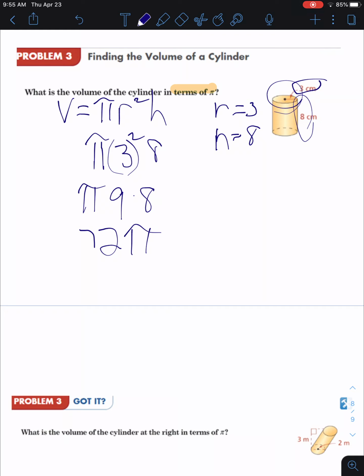And that's going to be in centimeters cubed, because the base, pi r squared, is centimeters squared, and the height is centimeters, so centimeters squared times centimeters would be centimeters cubed. So we have an answer here: volume is 72 pi centimeters cubed.